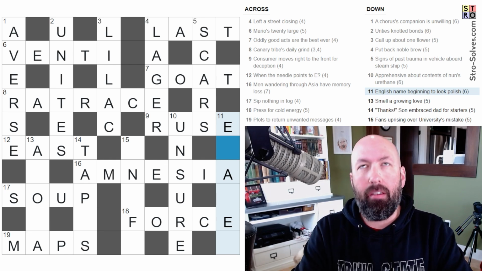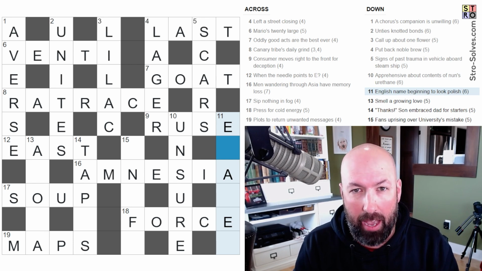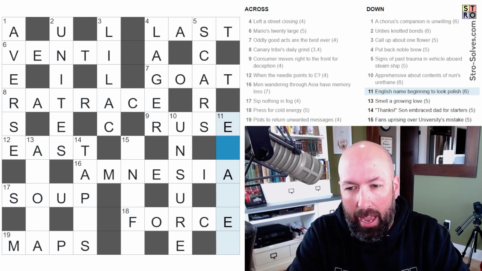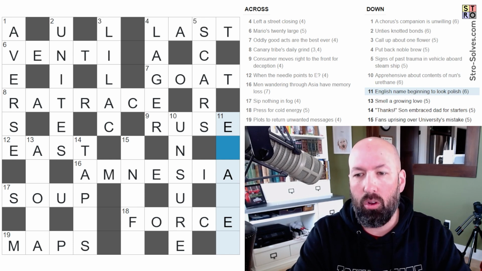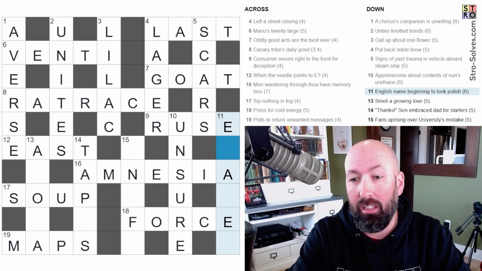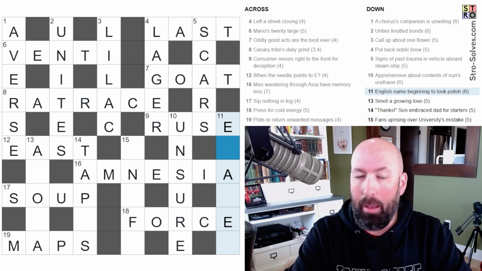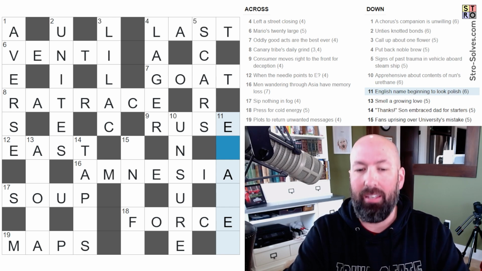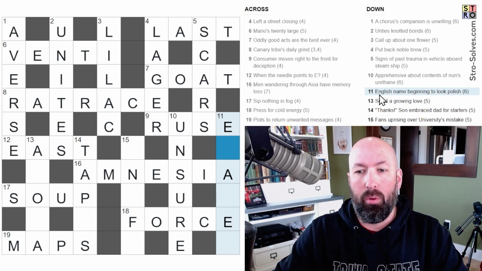If it was pronounced the same way, it would be fine to do the capital letter. You can do capitals where they maybe aren't right. So essentially what's happening here is we're saying English name beginning to look Polish, not Polish, which is why it's a lowercase p. Because the definition is Polish, and we're saying English.